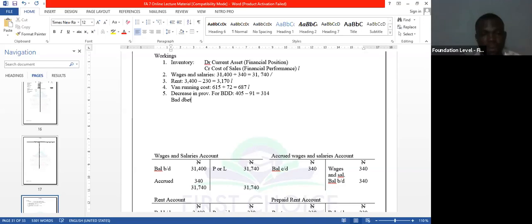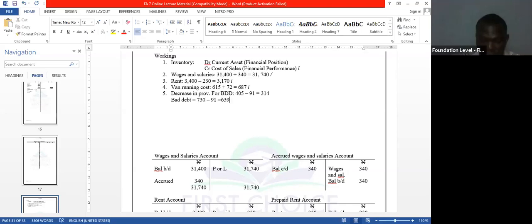Bad debt, because what is the total figure given to us before? The total figure that we have is 730. So we have 730, and the decrease is 91. 730 minus 91 gives us 639.